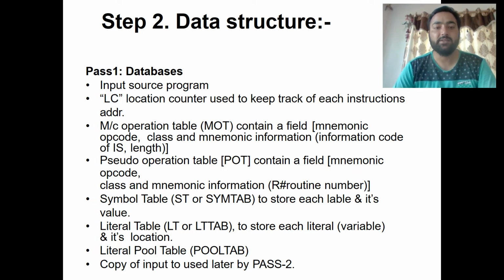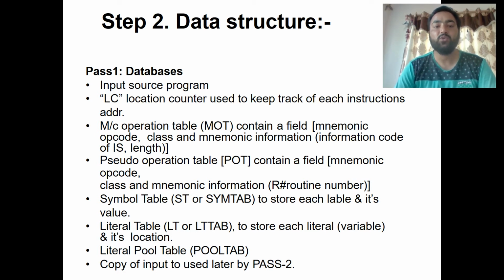Then a symbol table ST or SYMTAB to store each label and its value. Then we use a literal table to store each literal or variable and its location where it is stored in the memory. Then a literal pool table where all the literals are stored and used, a centralized location.